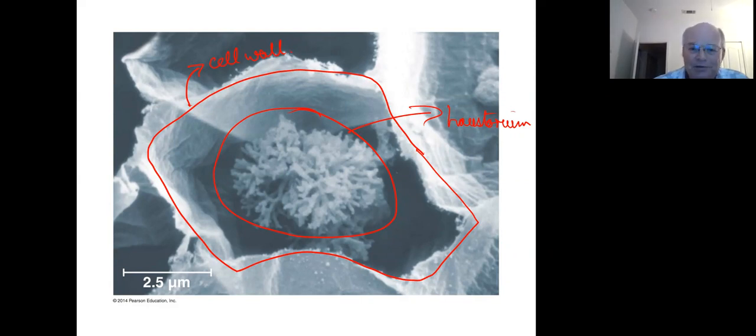And that cellulase enzyme is now subject to some investigation as a potential way to increase our ability to make biofuels. I'll talk a little bit more about that at the end of the presentation when we talk about some roles for fungi.